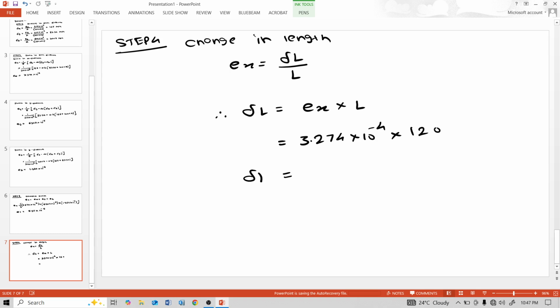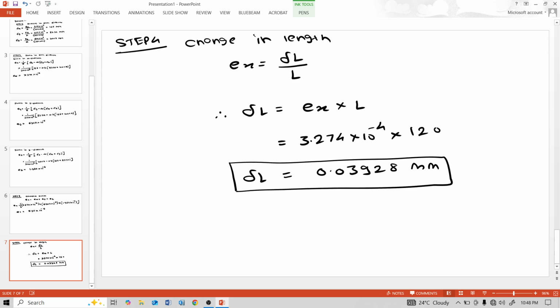So change in length is 3.274 into 10 raised to minus 4 into 120, which is 0.03928 mm. This is change in length.